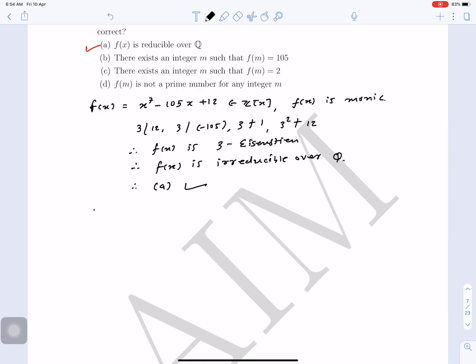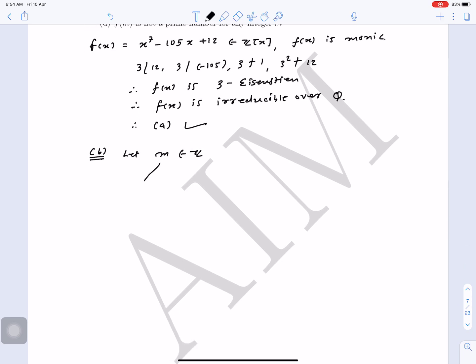Now let us go for option B. For that, let m belong to Z, then m may be even or m may be odd. If m is even, then m is of the form 2k, and if it is odd, then it is of the form 2k plus 1.